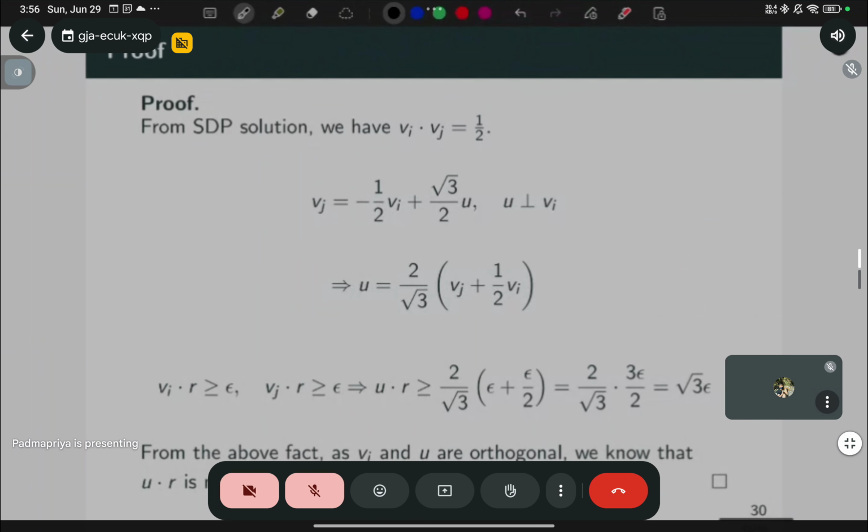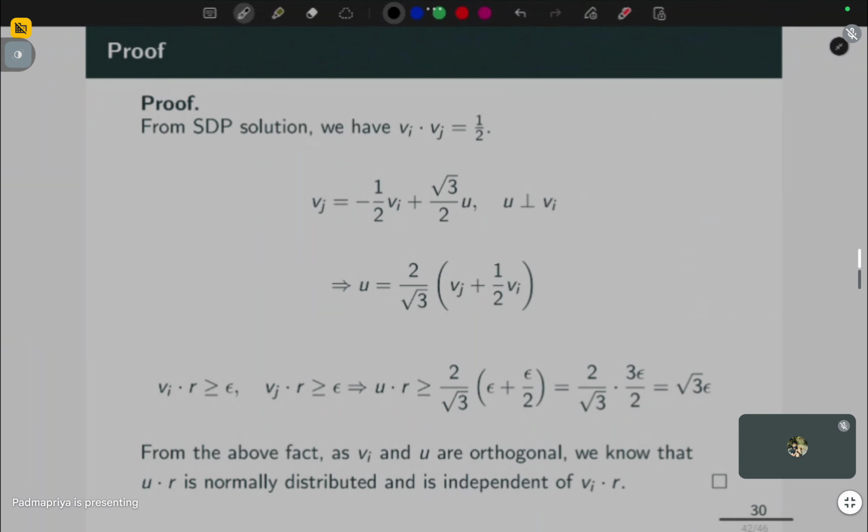To prove this, first we should recall that we have this solution from our SDP. We are talking in the 3 coloring setup. Here we know that if you have ij which is adjacent, this is going to be the case. Now we will resolve v of j along vi and an orthogonal vector to vi.